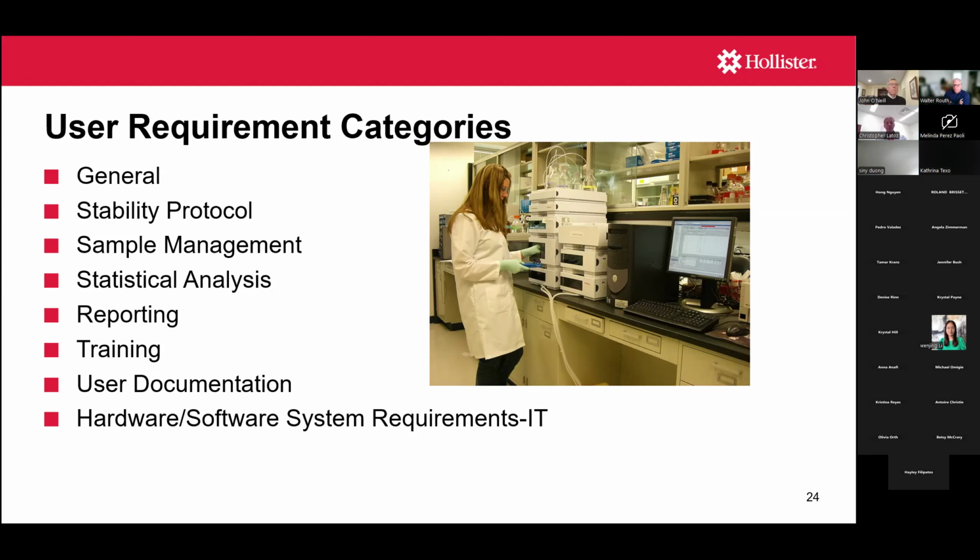We had requirements for our stability protocol, sample management, statistical analysis, as you see here. And of course, the IT department's going to have particular user requirements. Again, you want to make sure whatever vendor you choose, that their LIMS system is going to be compatible with your IT infrastructure.